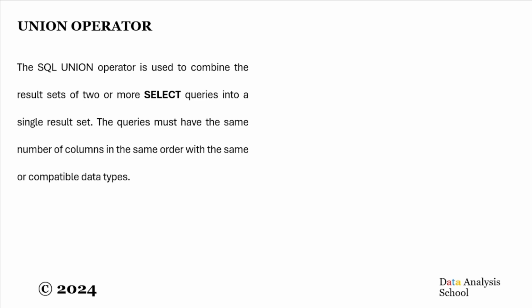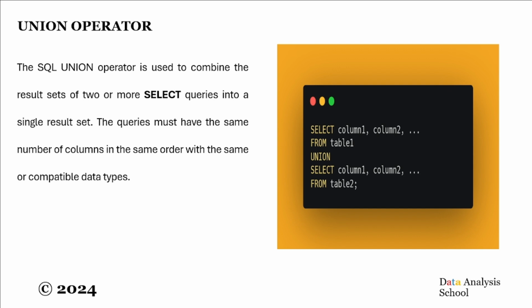And the syntax for this is your select statement, the columns you specify from the table, then the union, then you select from the columns and from the other tables.